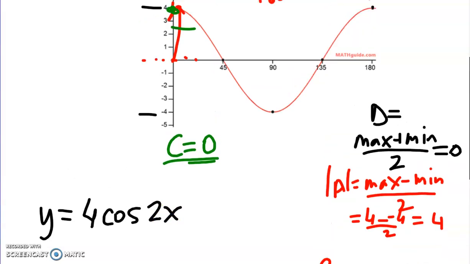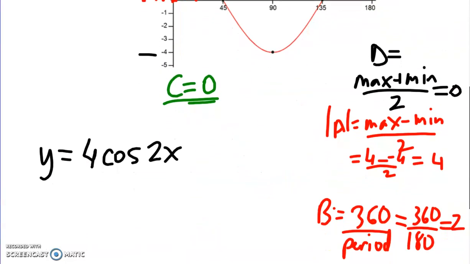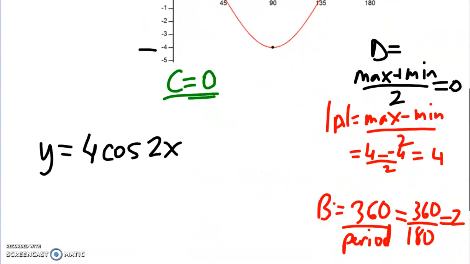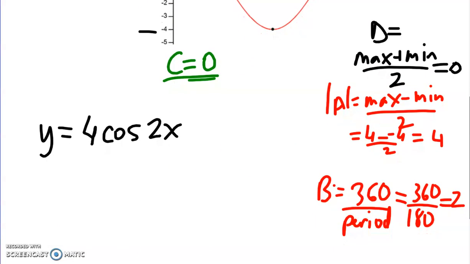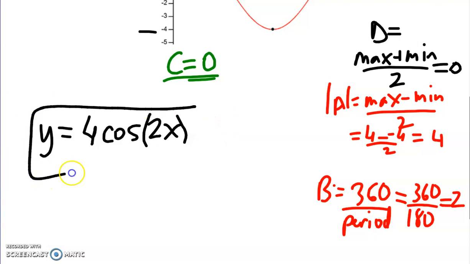And I can use x here, right? I'm not given any. Sometimes the x-axis is labeled and you might have something different, but let's just use x. Then I have no phase shift, so I just write y equals 4 cosine 2x plus my D value, and the D value is 0, so there's nothing to write there either. So this is my final form here.